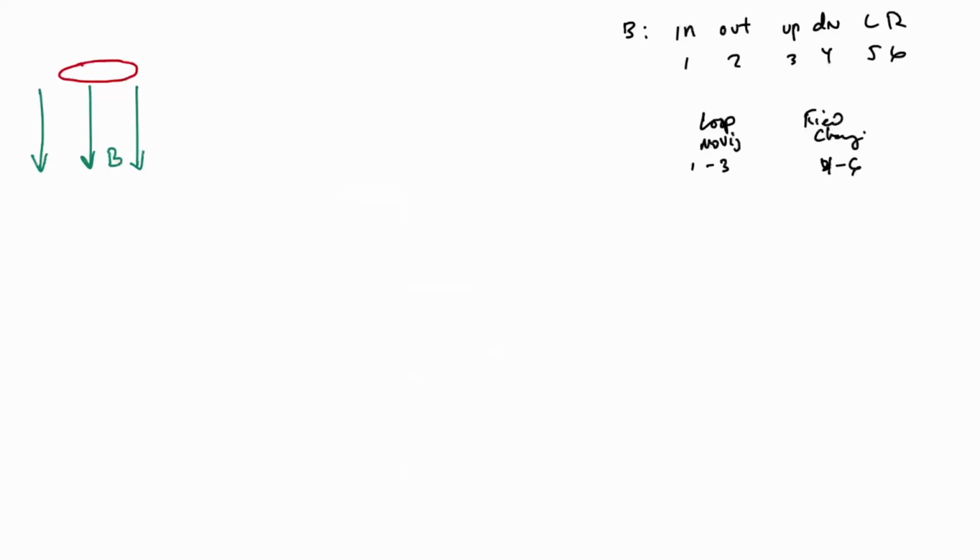Can you see it? No? This is the part that's closest to us, and then this part's further away. Okay? All right. And then the loop was moving, so left or right?